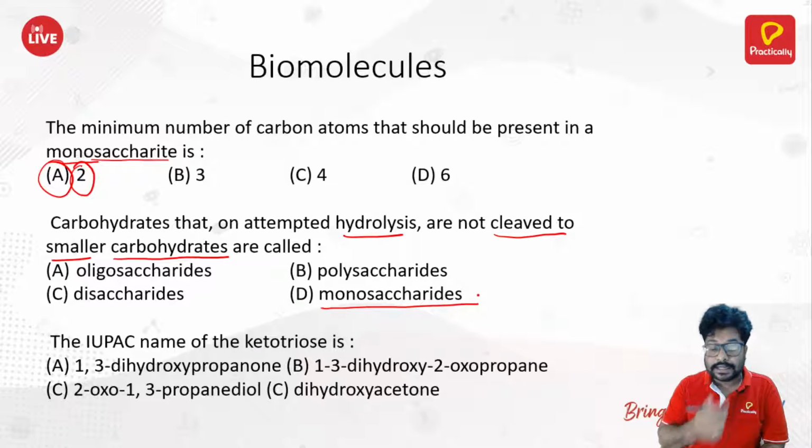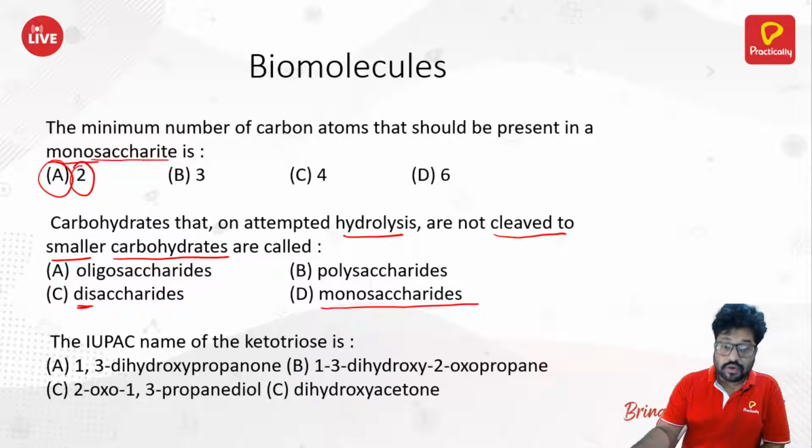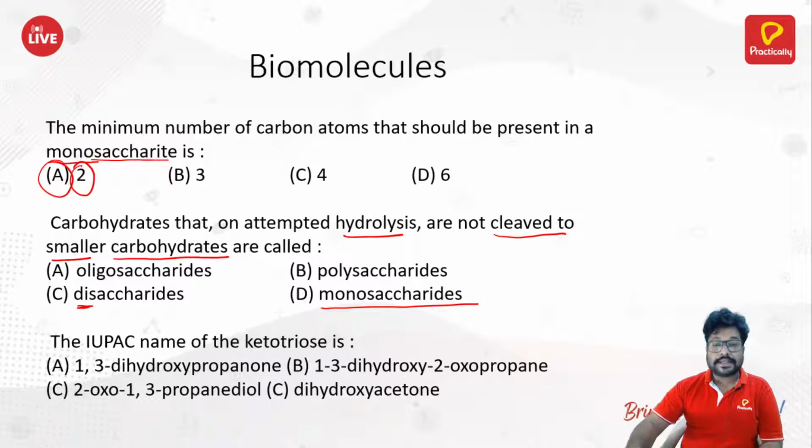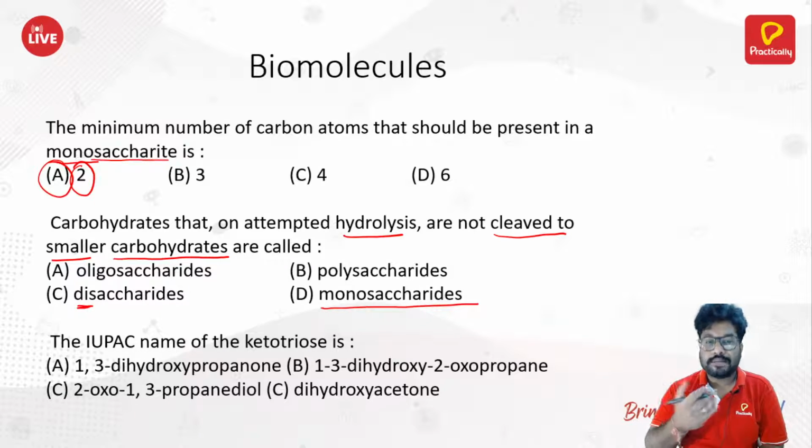Because disaccharides will give you 2 monosaccharides on hydrolysis. Oligosaccharides will give you 3 to 5 monosaccharides. Polysaccharides will give you many, more than 10 monosaccharides. So monosaccharide is the most basic unit, and therefore monosaccharides can't be cleaved by hydrolysis or by any method for that matter.